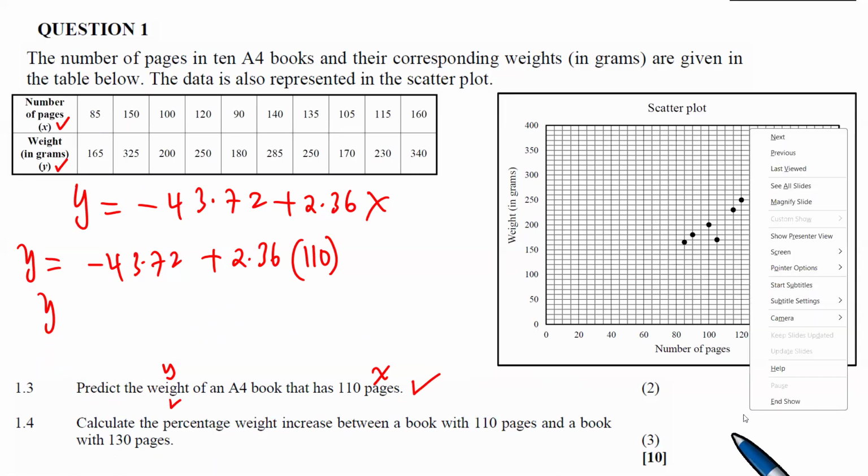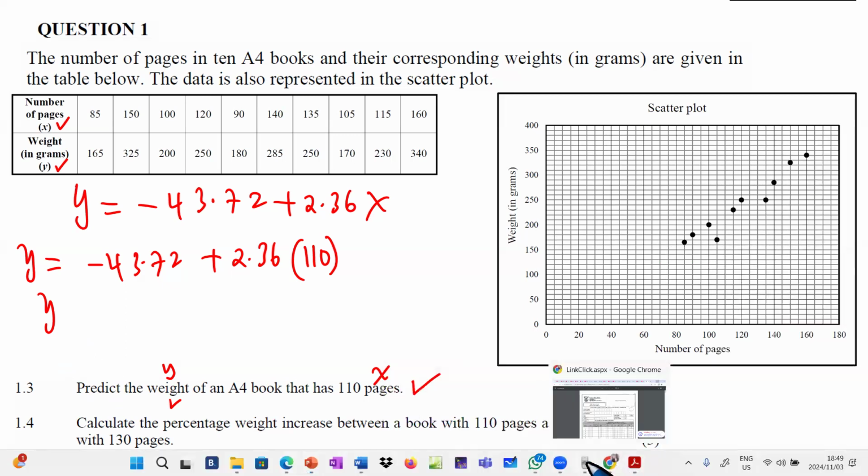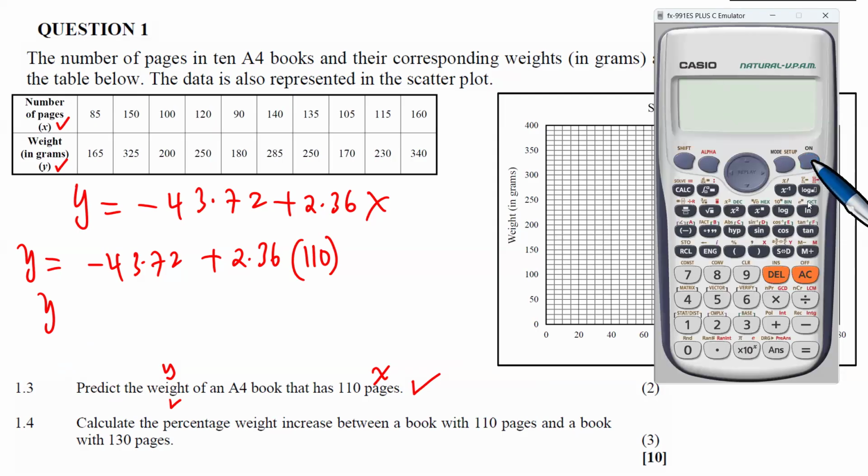Therefore, if we do this, we use our calculator. We're going to have minus 43.72 plus 2.36 times 110.